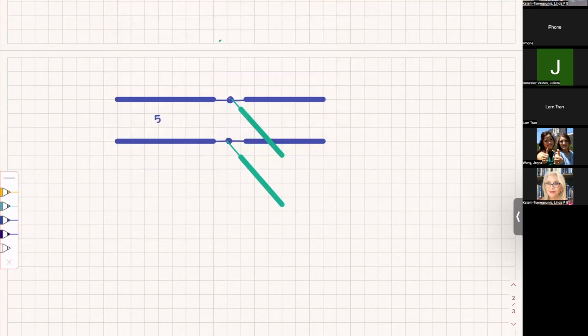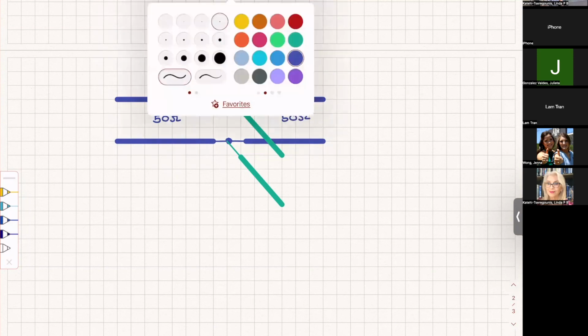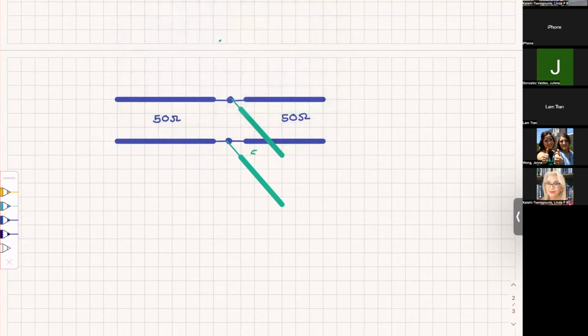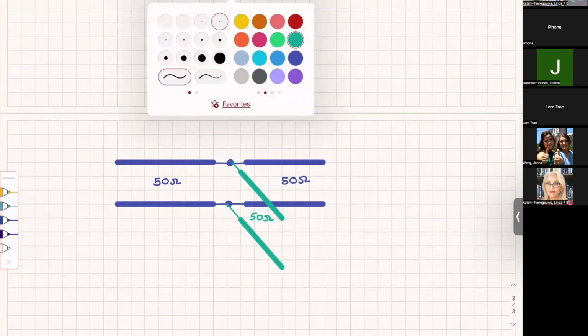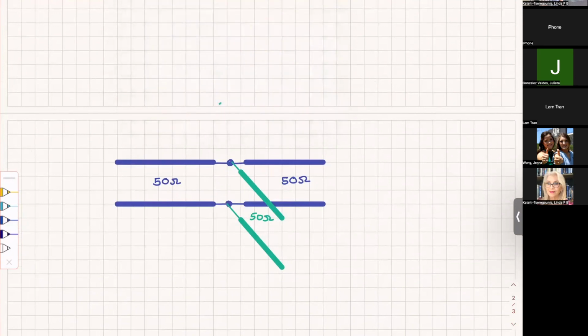We know that this characteristic impedance is 50 ohms, and that here we connect it to the load ZL.